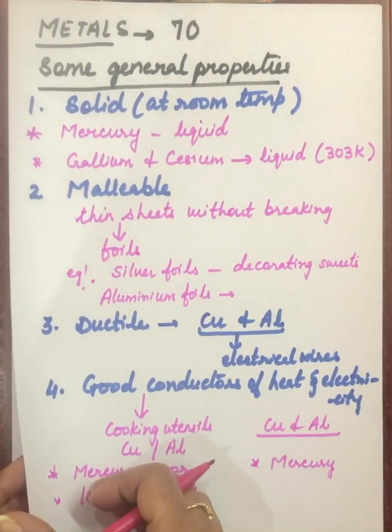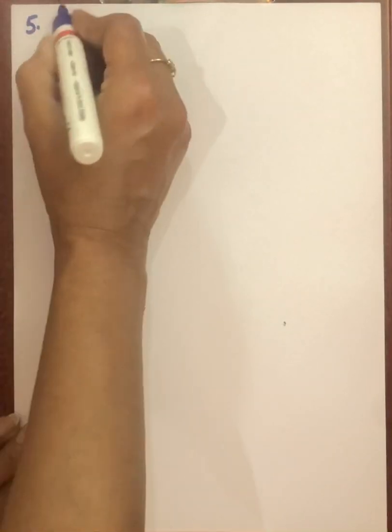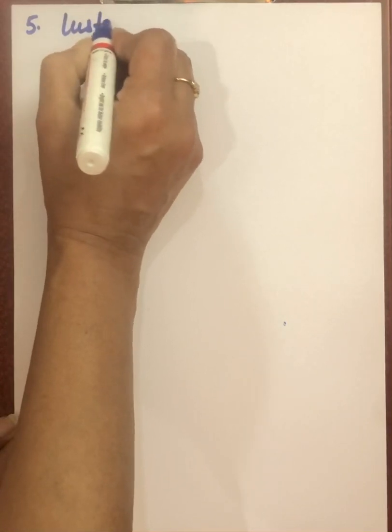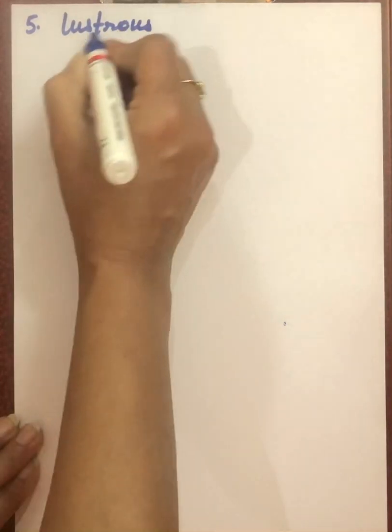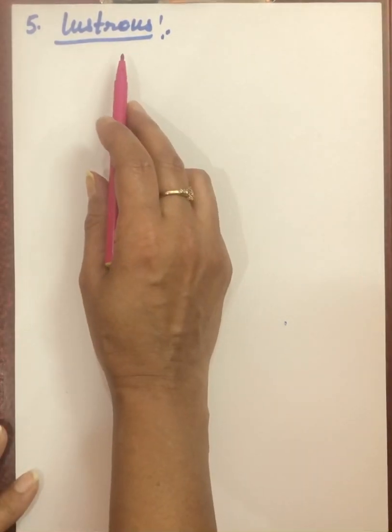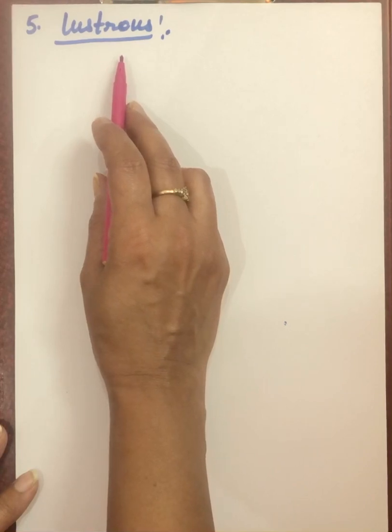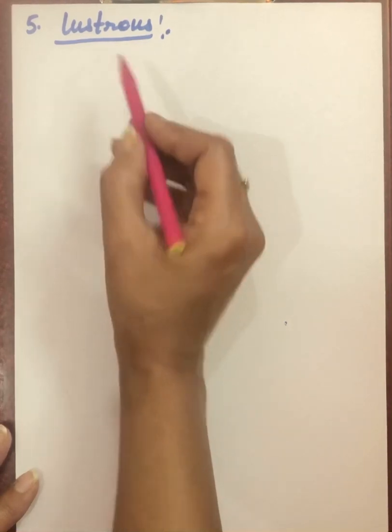Next, after these four properties, the fifth property: metals are lustrous. Lustrous means they have a shiny surface. When freshly prepared, they have a shiny surface; after coming in contact with oxygen, they can have a dull surface. This property is known as metallic luster.